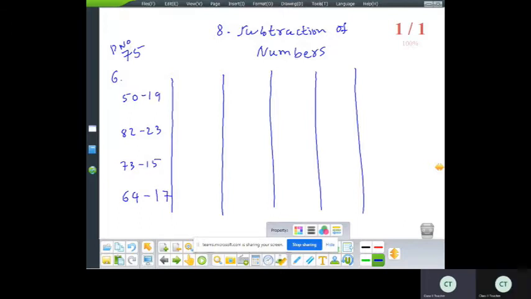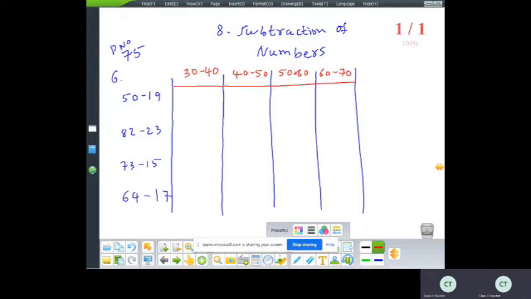Now, ranges are 30 to 40, it means numbers from 30 to 40. Next 40 to 50, 50 to 60, 60 to 70. These are ranges. First we find the answer from the given subtraction.